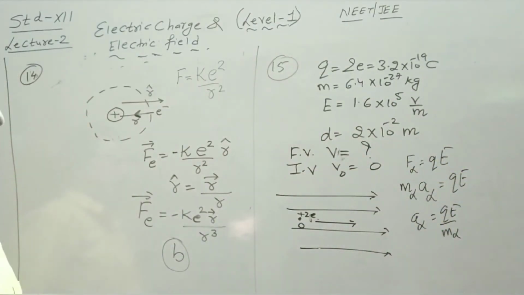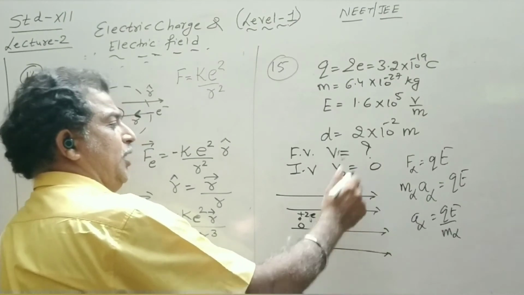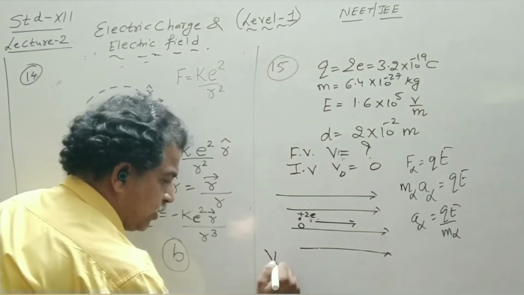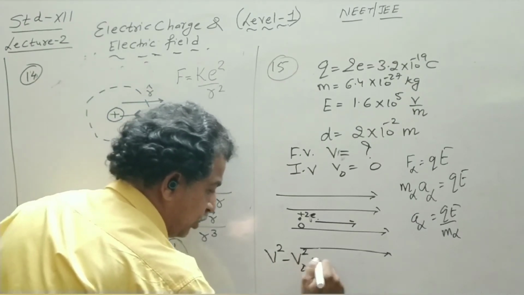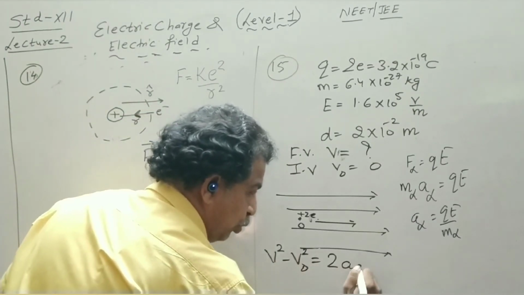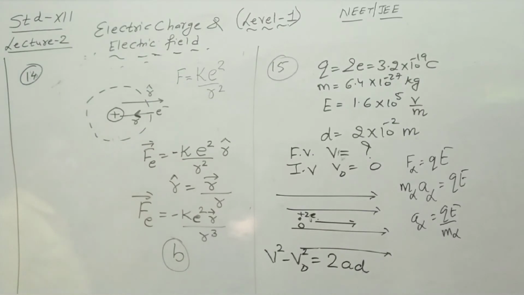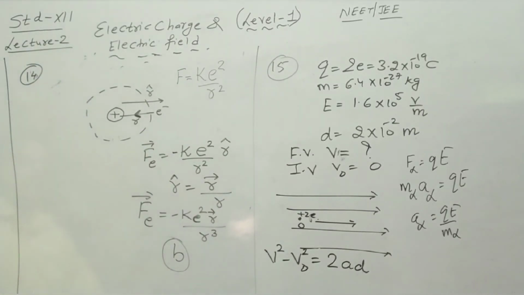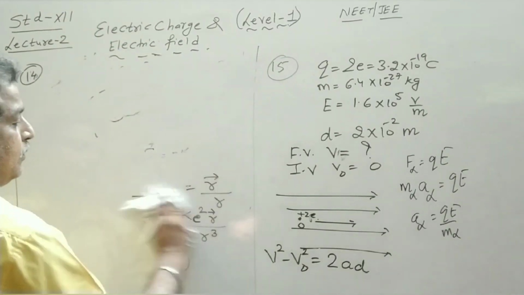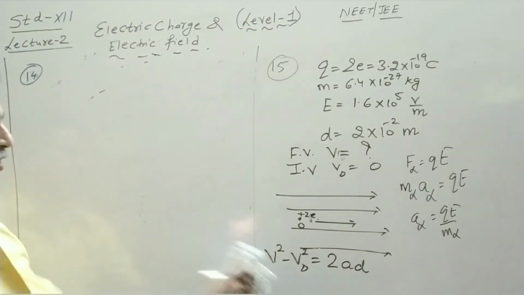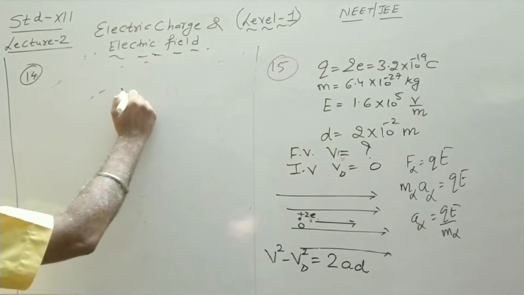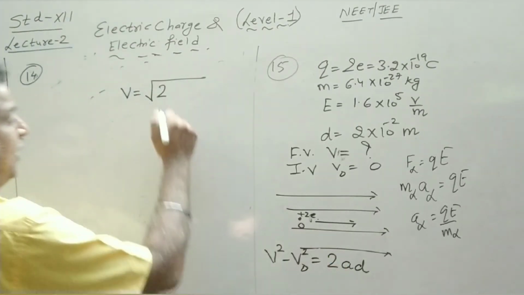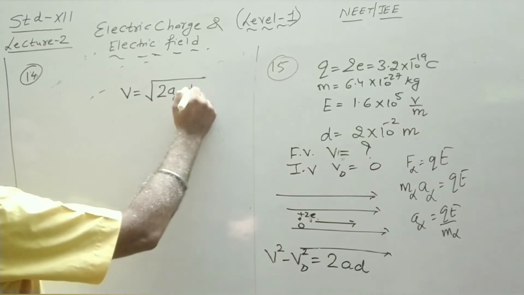Now acceleration is known, initial velocity is 0, the distance is given. So directly we use the third equation of motion, v square minus v naught square is equal to 2AD. We substitute these values in the equation. Initial velocity is 0, so v is equal to under root of 2 into acceleration into distance.